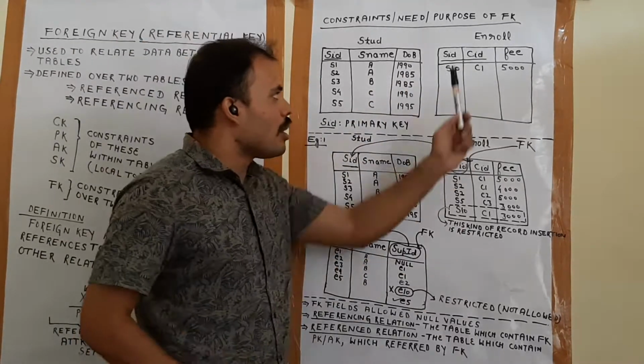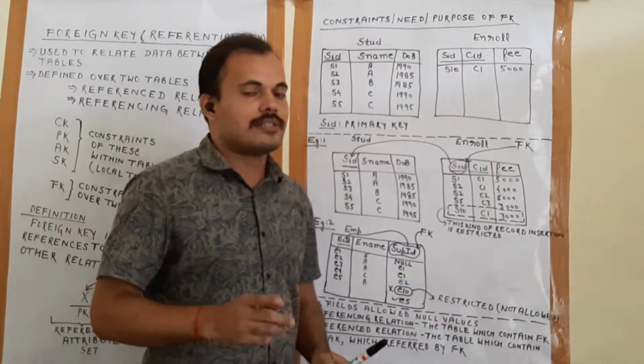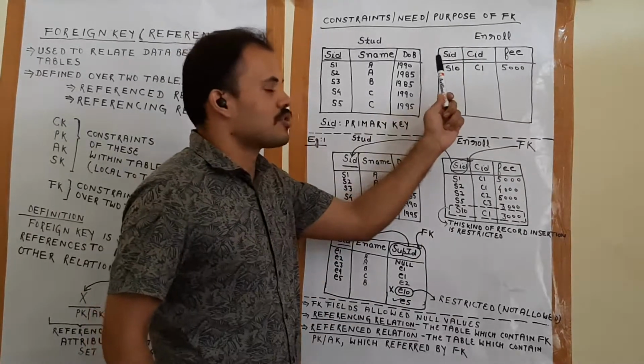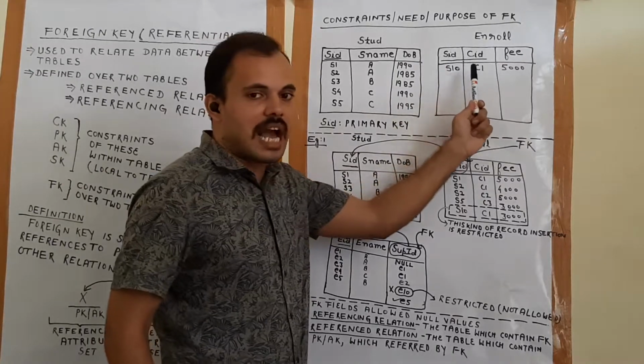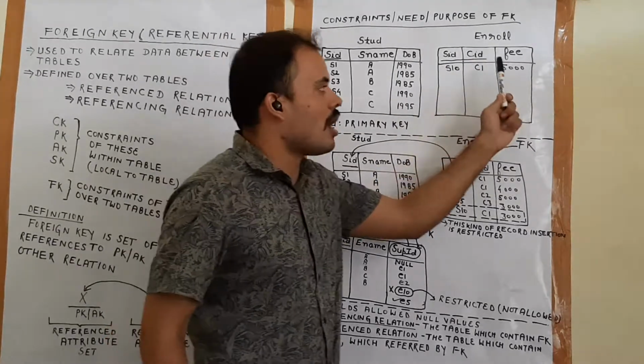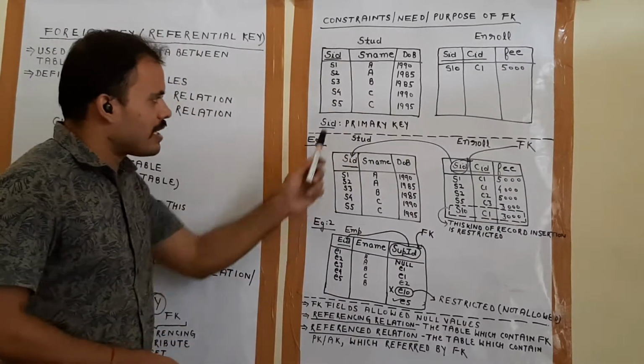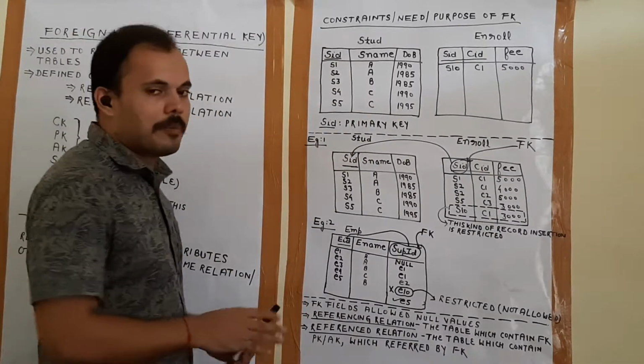And the enrollment table also has three attributes or fields. First is SID, student ID. Second is CID, course ID. And third is fees. Understood? In the student table, we have 5 records.